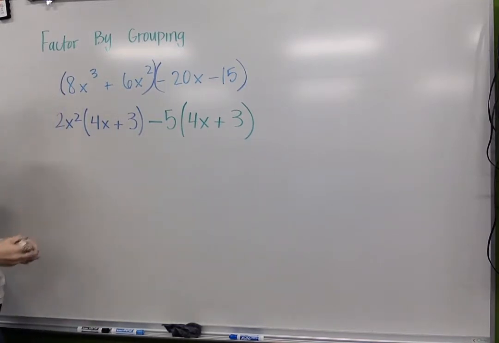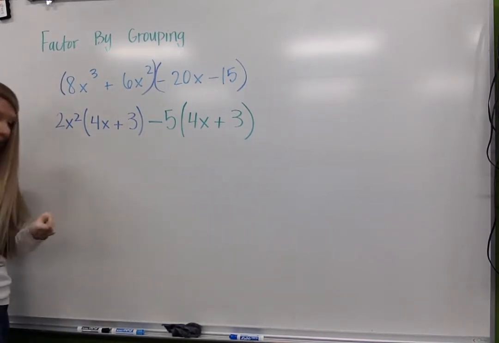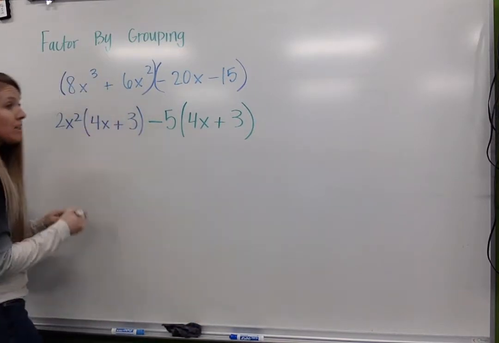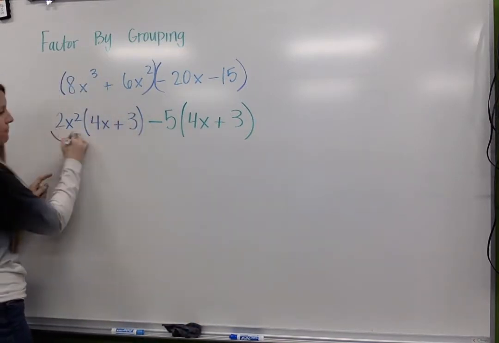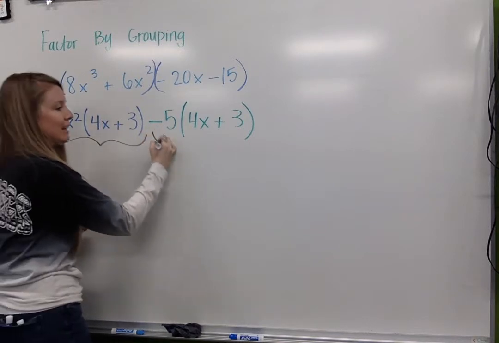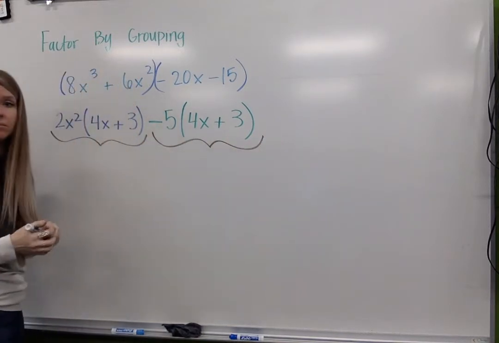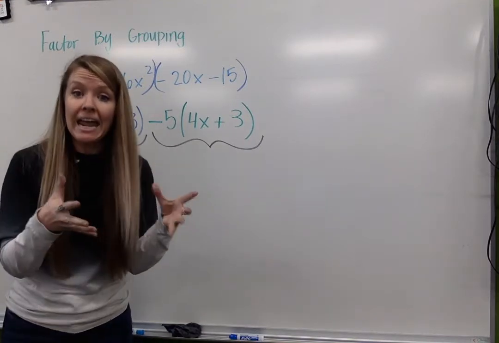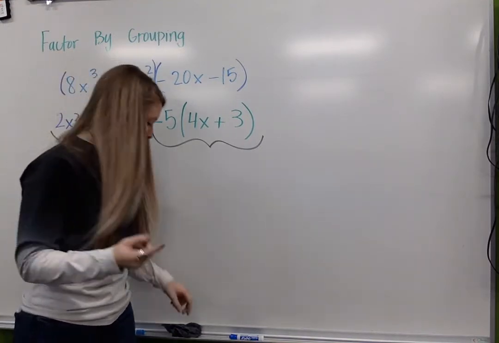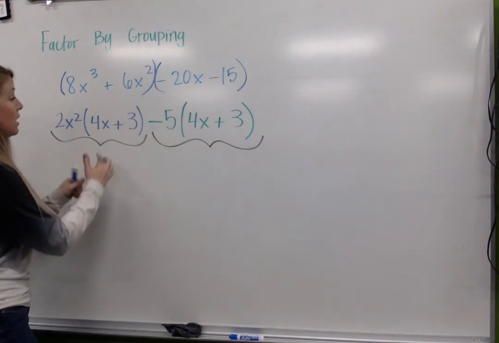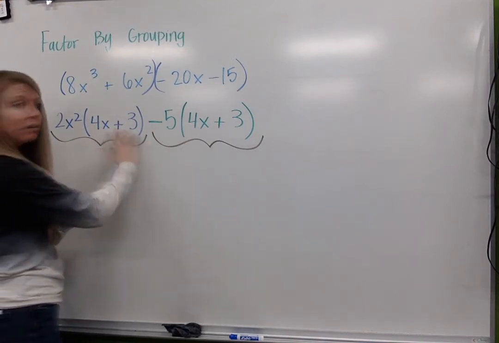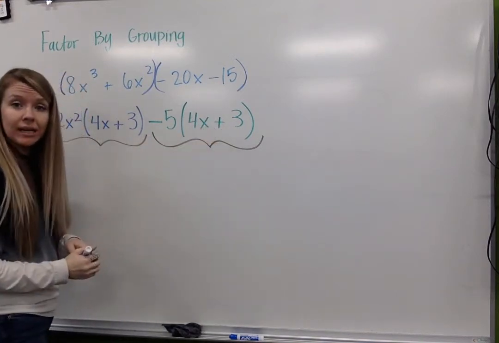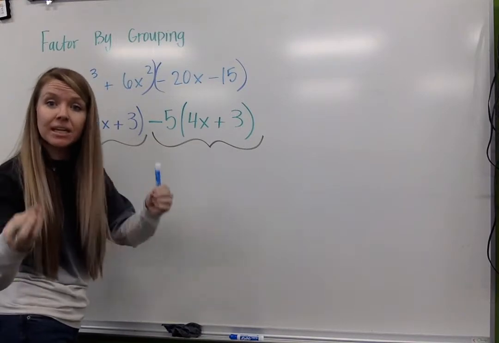So now we're looking here. If you take a look, what we see now is both my terms. So this is my first term, and this is my second term. What we're looking for is, do they have anything in common? So if we take a look, 4x plus 3 and 4x plus 3, they have something in common.